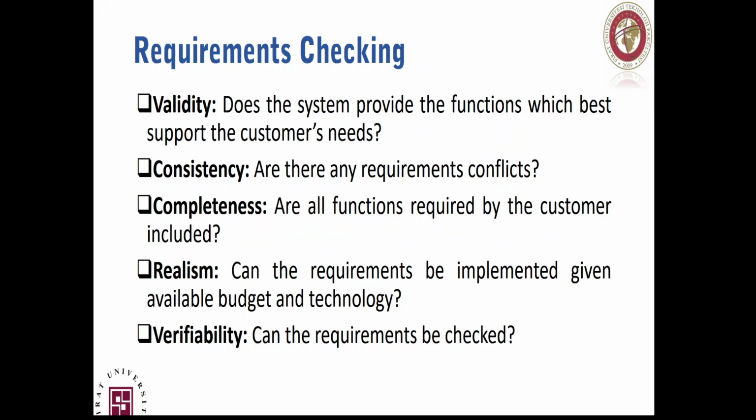Okay, so what kind of checks do we have with the requirements validation? We have checking the validity: is our system providing the functions that best support the stakeholders, let me say, not just the customers' need. And we explained before that stakeholders may have conflicting requirements and there may be different priorities.